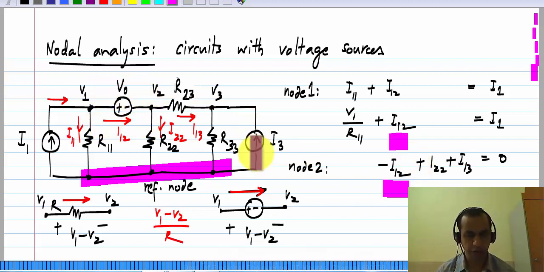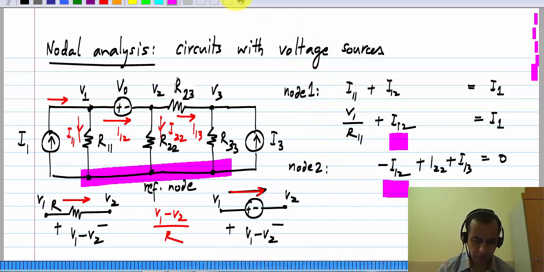We could have taken this way or leftwards, but in one of the node equations it is getting pushed into the node and it will be subtracted from the left hand side, and for the other node it will be pulled away from the node, it will be flowing away from the node and it will be added to the left hand side. Okay. So clearly we cannot use this I12 in our equations, so we have to eliminate it, and that we can do by combining the equations for nodes 1 and 2.